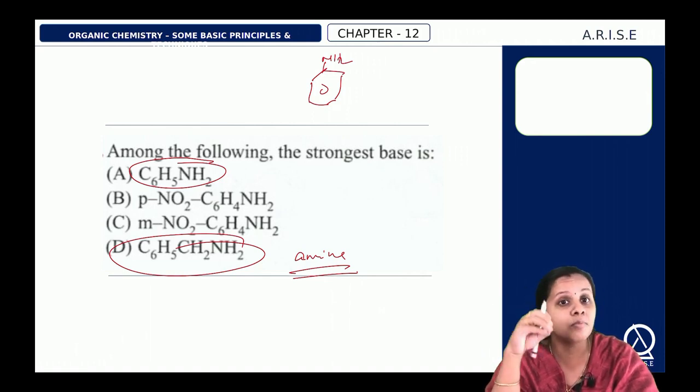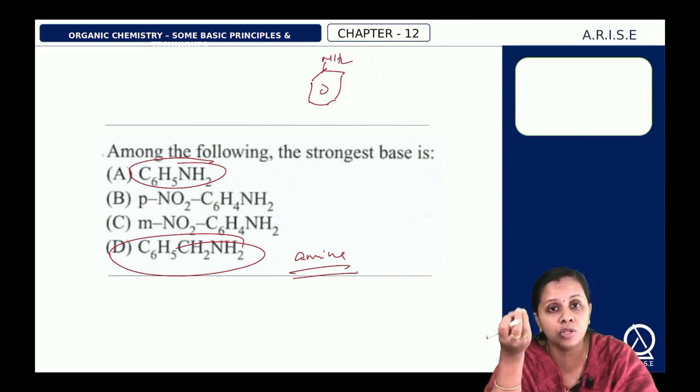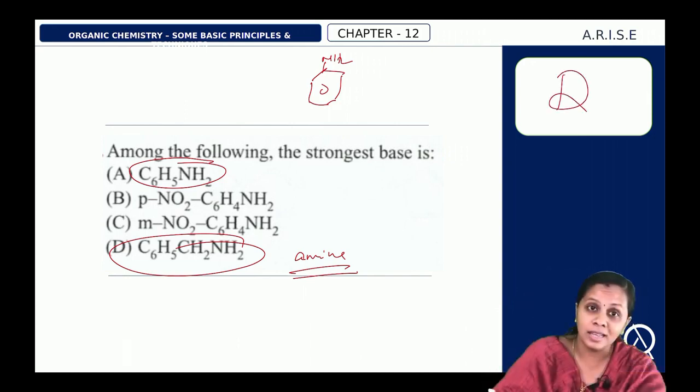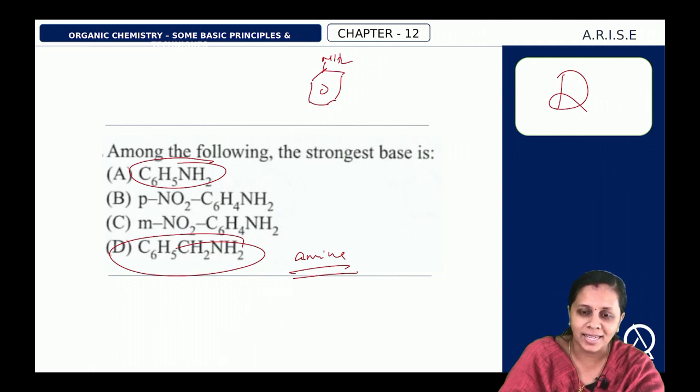But amines are more basic because of the plus I effect, or the electron donating effect of the alkyl groups, which increases the electron density on nitrogen and makes the lone pair more available. So option D, because it is an amine, not an aniline derivative.